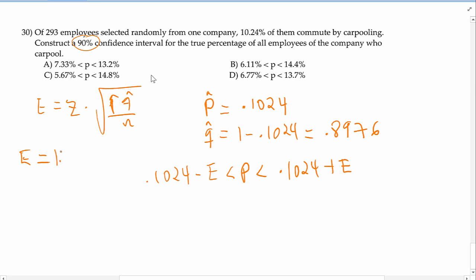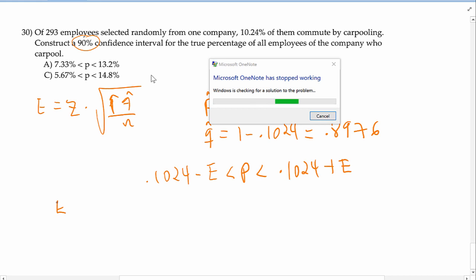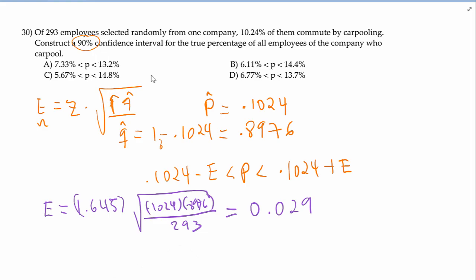That would be 1.645 for 90% confidence, times the square root of 0.1024 times the Q. Oh, why when I press that does it disappear? Okay, so let me do it down here. Oh, the program.